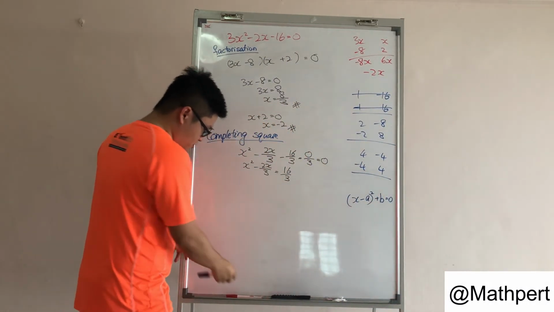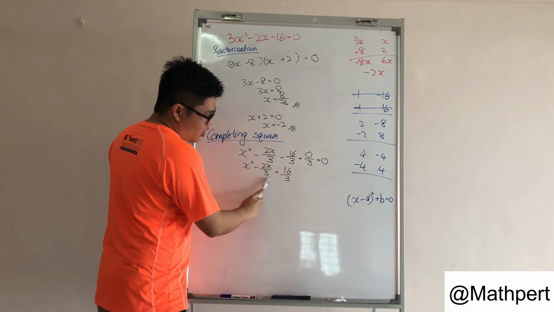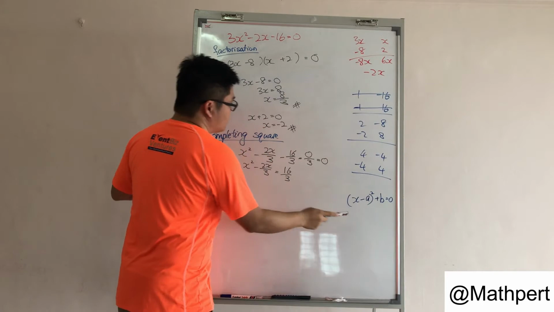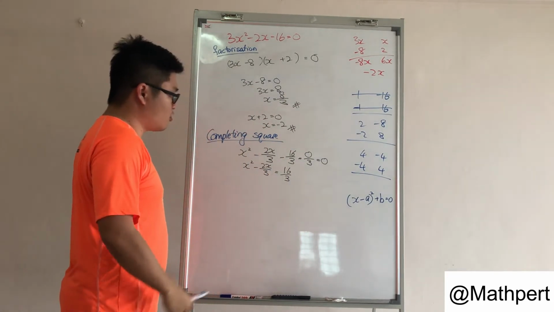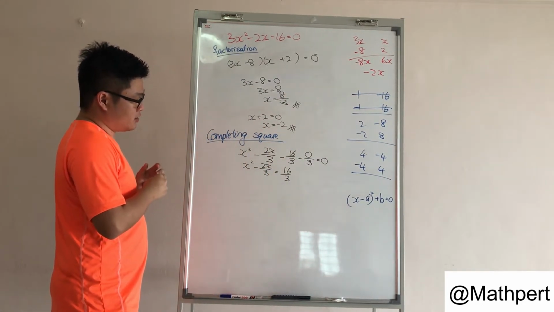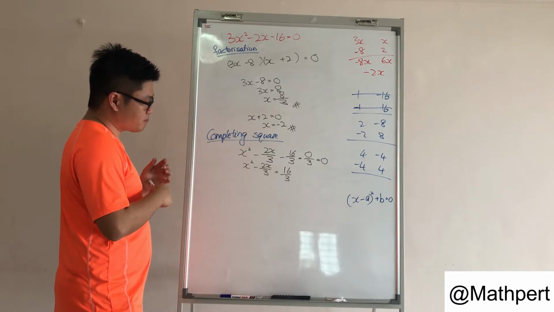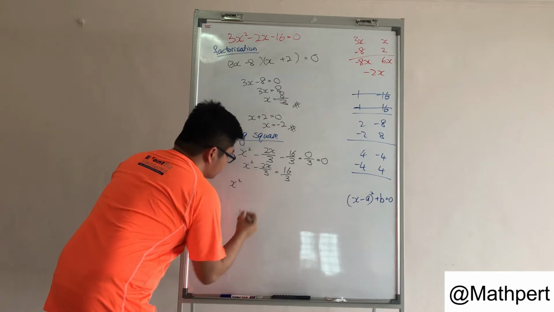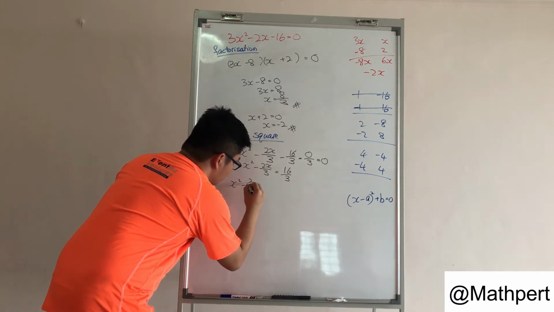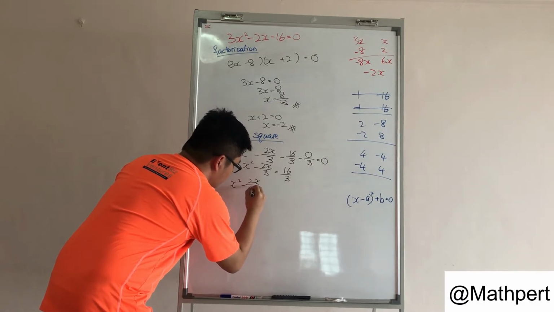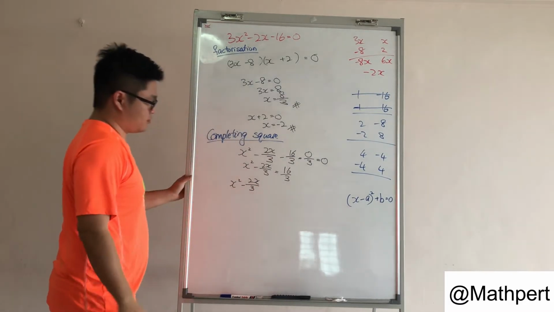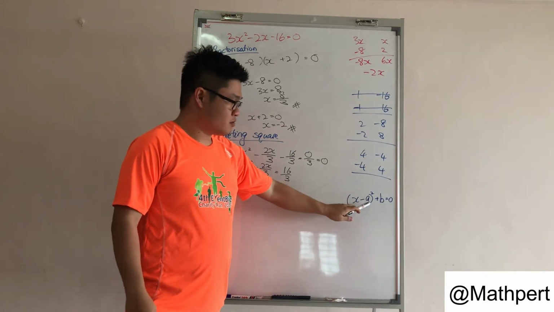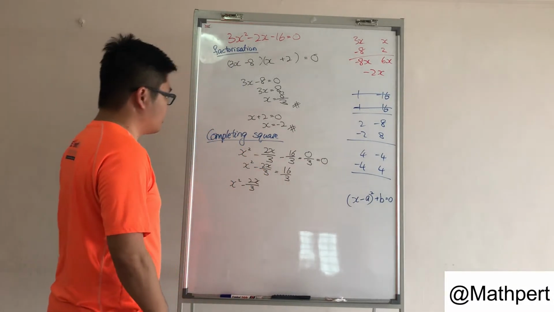So we have to change this format into this format, then we can solve it. So how do we change it? Okay, first x squared minus 2x over 3. So we have to find out a.